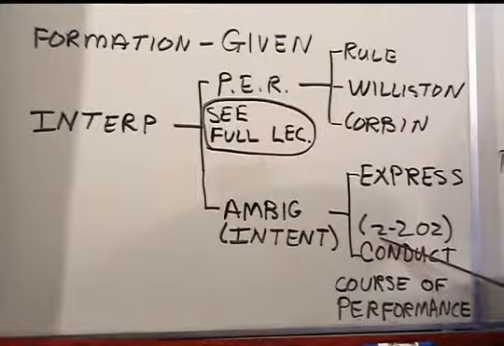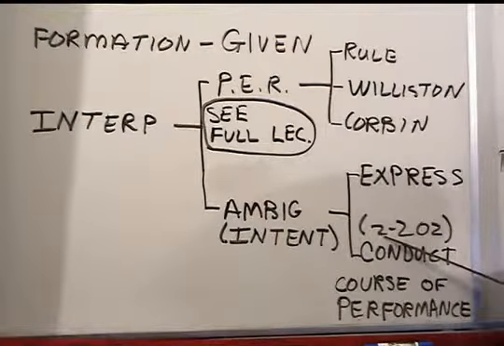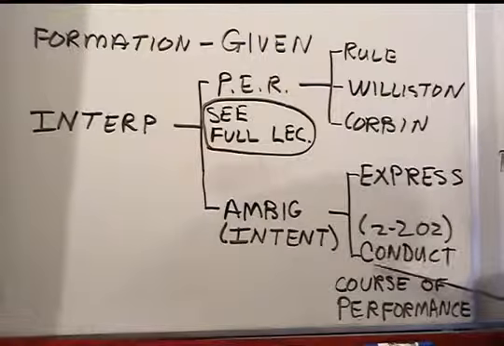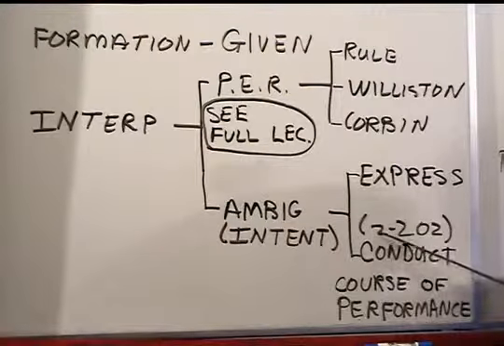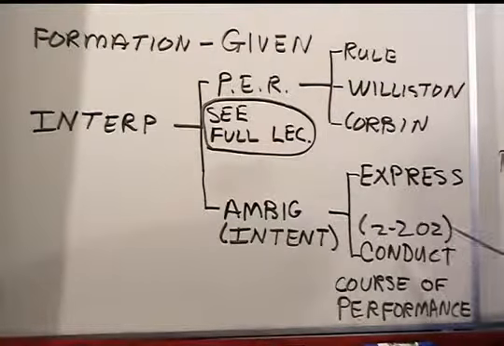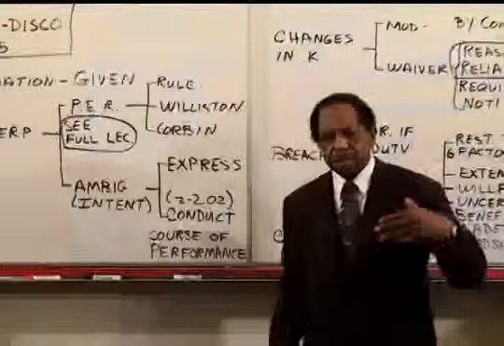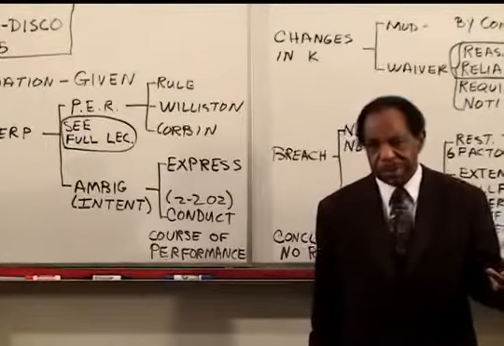Under the UCC, and this is not a UCC problem, 2-202 is used to make this same rule. But ours is a common law problem, and it says here in common law that you can use the conduct of the parties to try to figure out what the parties intended.